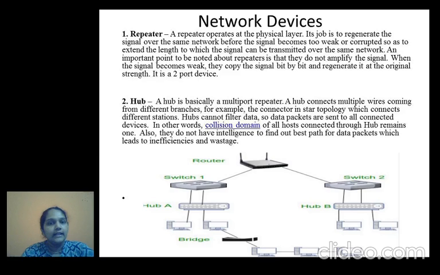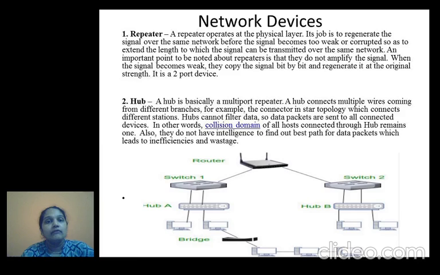Then the second device is the hub. A hub is basically a multi-port repeater. As I have told you, the repeater has two ports, but the hub has multiple ports. As we learned in topologies, most of the time star topology uses a hub.